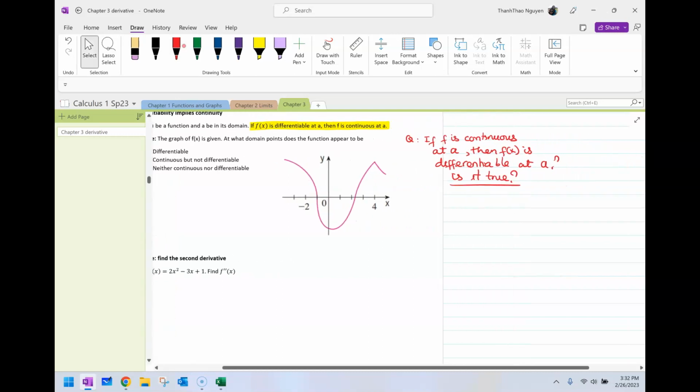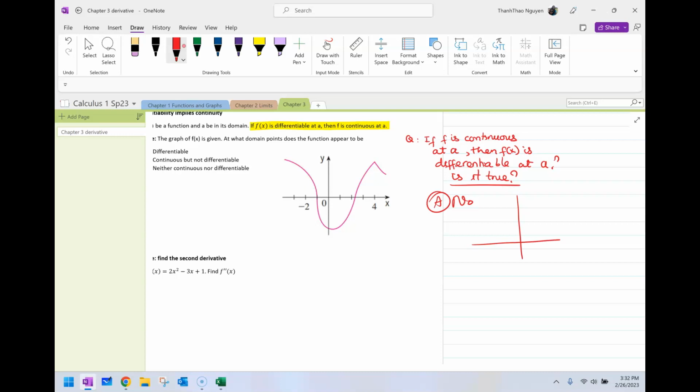Well, the answer is no. For example, this function, the absolute value function, f of x equals absolute value of x. This function is continuous but not differentiable at x equals 0, because right here we have a corner.